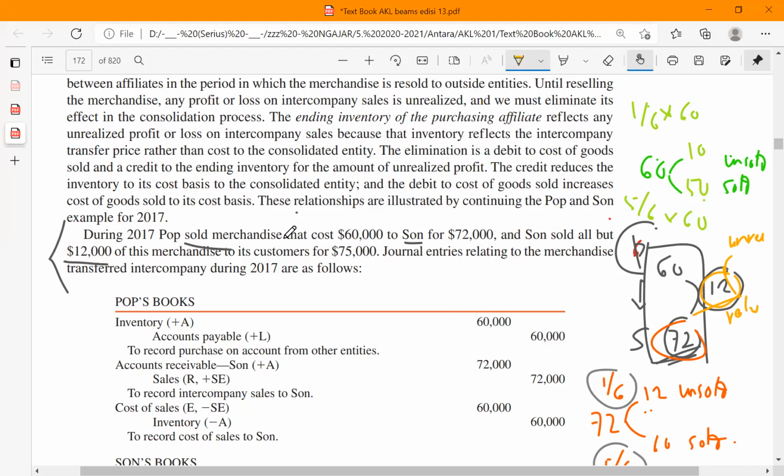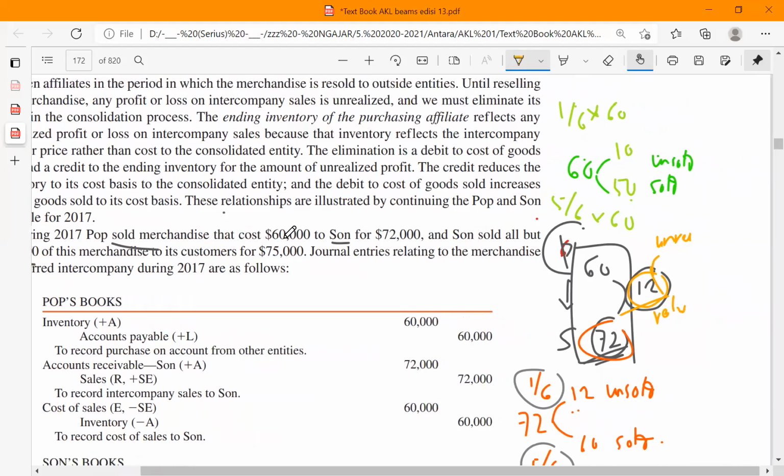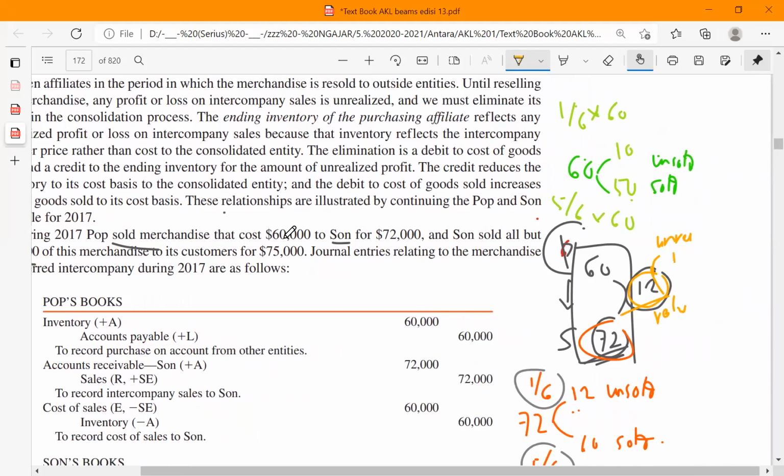Just the same, we can use 1 per 6 times 12 here, which is 2. And then for the realized, it is 5 per 6 times 12, which is 10. So we have unrealized profit total of 2.